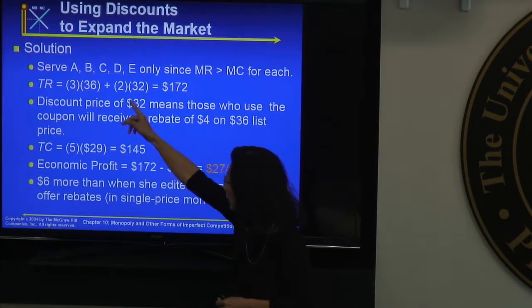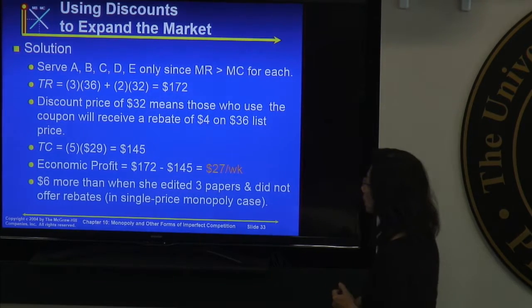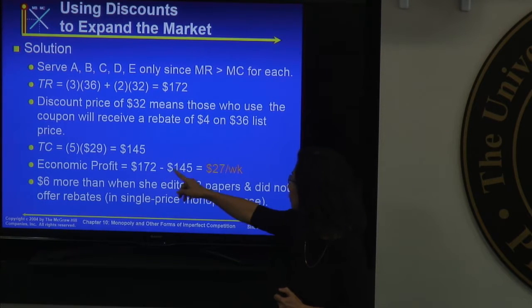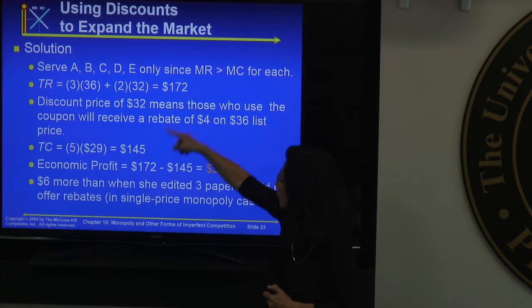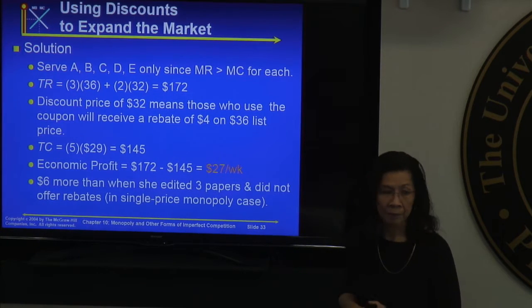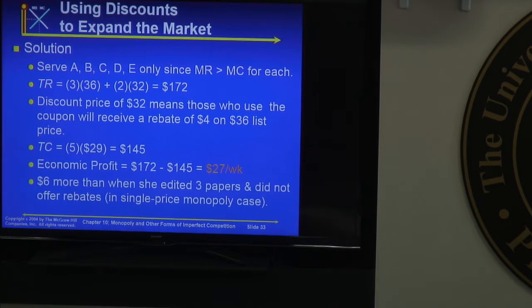Total cost is the same, 5 times 29, you get 145. So economic profit is 172 minus 145, you get $27 per week. So this is less than this, but more practical.